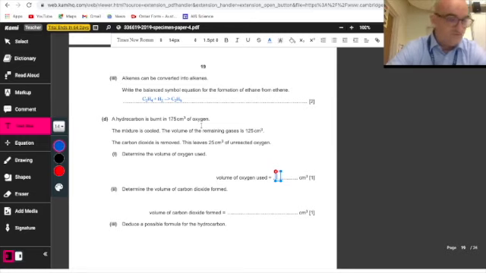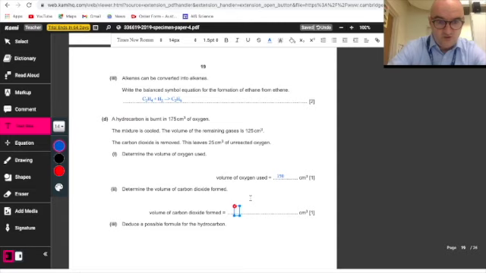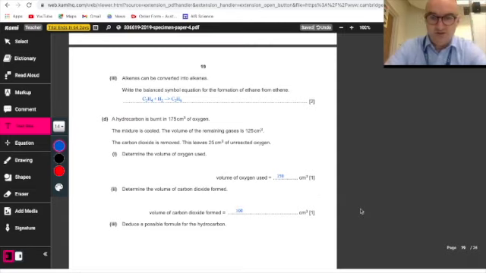The unreacted 25 from 175, that's going to be 150, isn't it? 150 cm cubed. The volume of carbon dioxide is going to be the 175 oxygen. Remaining gas is 125, so that's 50, 50. So that's going to be 100. Is my maths working? Yes, it is. 100 cm cubed.